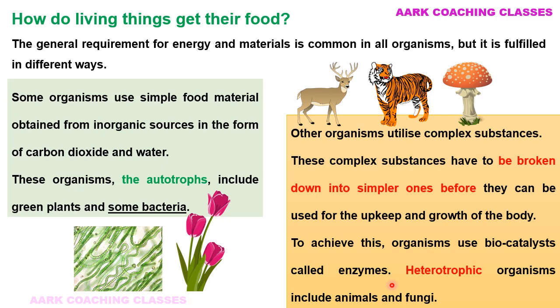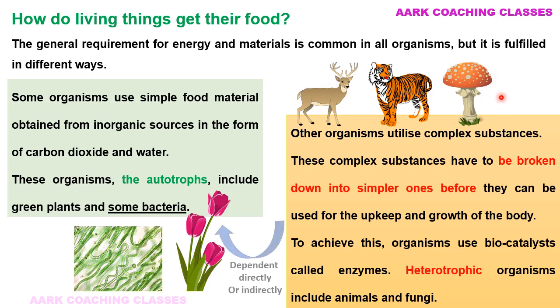Let's not go into the details of those things right now. So these are nothing but heterotrophic organisms. They include animals and fungi. They break down these complex substances by the process of digestion and then they assimilate it.